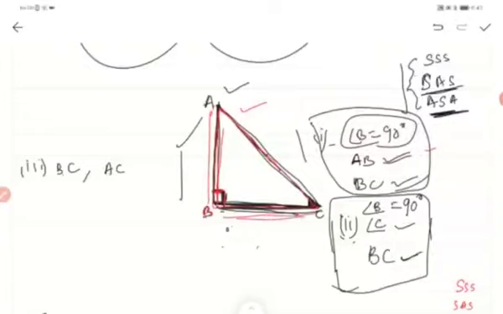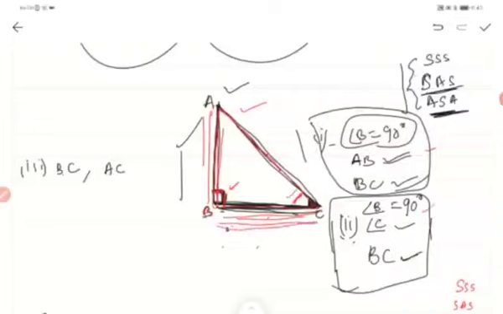Two sides and the included angle, SAS, right? Now the next rule was: you have angle B as 90 degrees, this is known, and if angle C is known, and side BC.